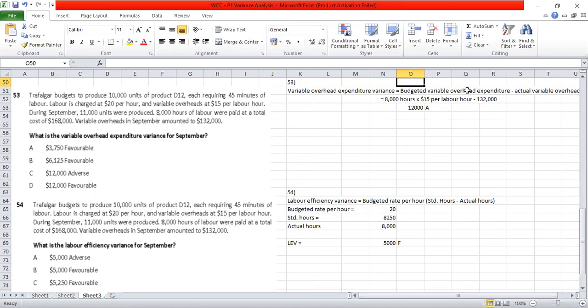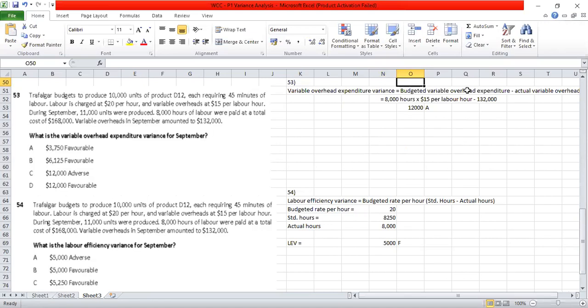Fixed overhead variances we take like that, but variable overhead varies proportionately with the output, by the very definition of variable. So in that case, we take the budgeted variable overhead rate and apply it to the actual output.